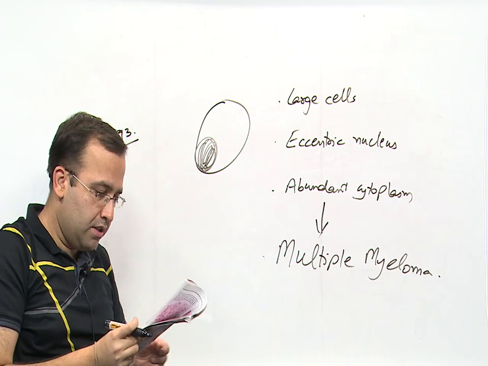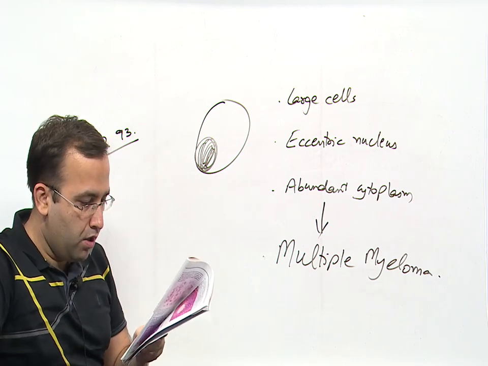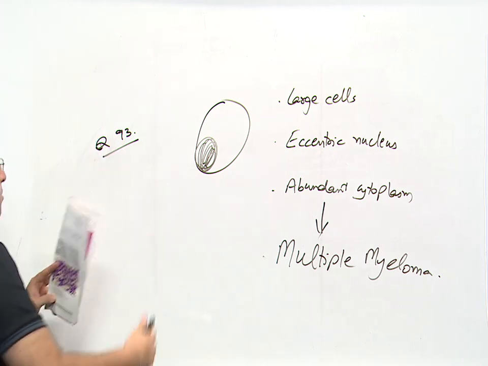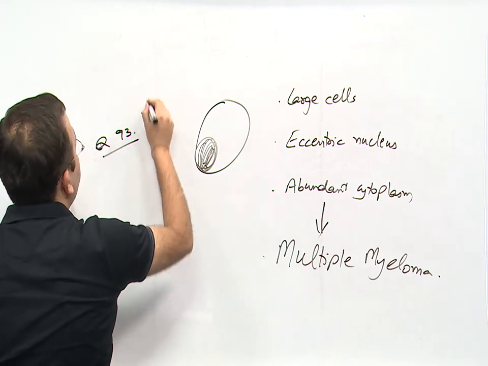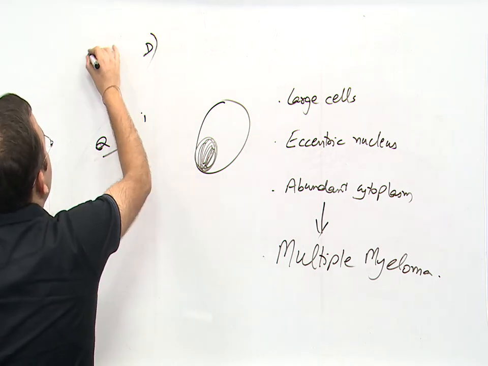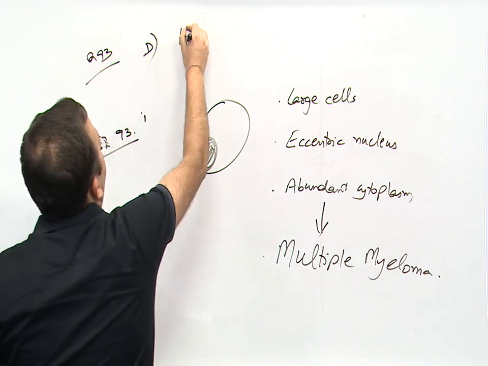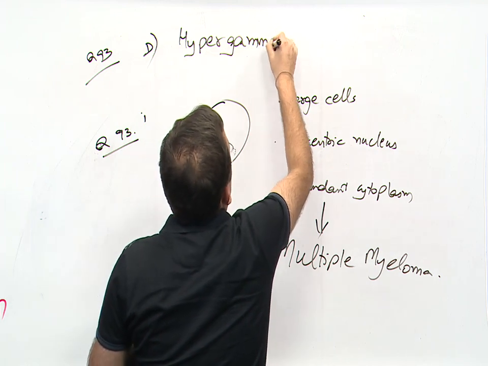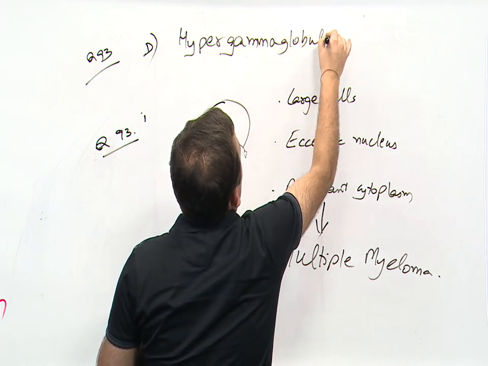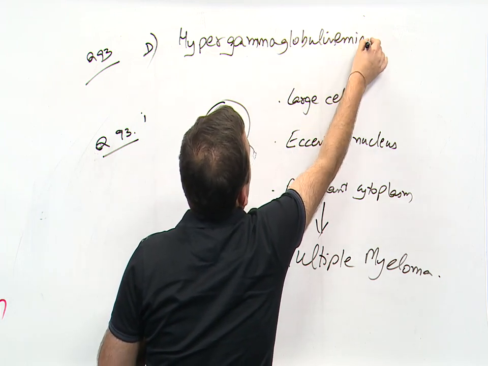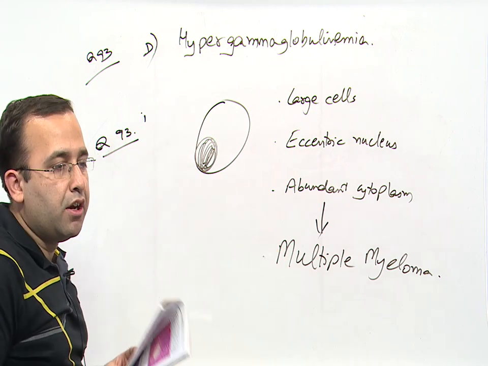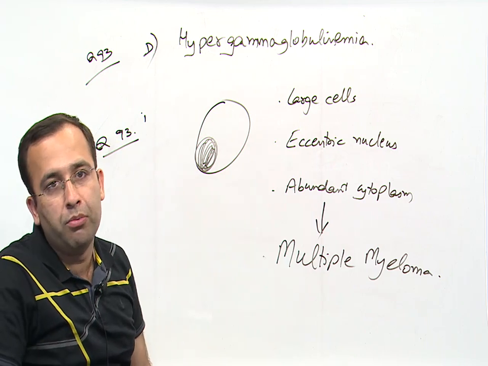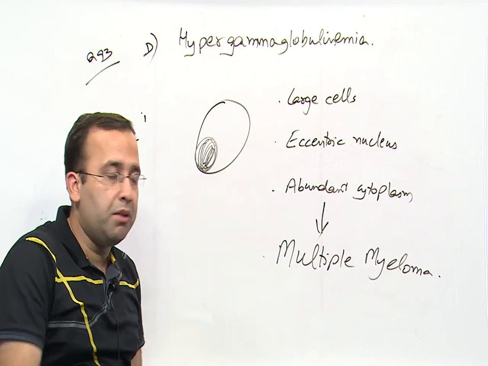Now you know it is multiple myeloma. So which is most likely present? The answer is hypergammaglobulinemia. So the answer to question 93 is hypergammaglobulinemia, because the gamma globulins are elevated in multiple myeloma.